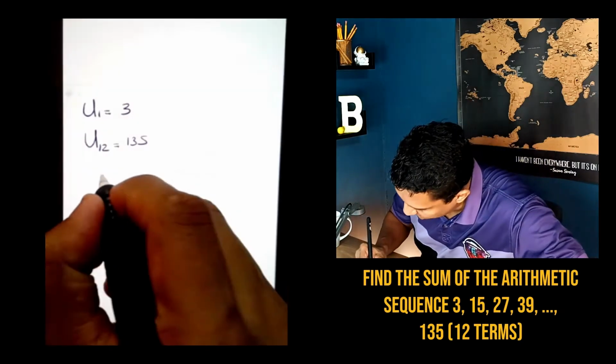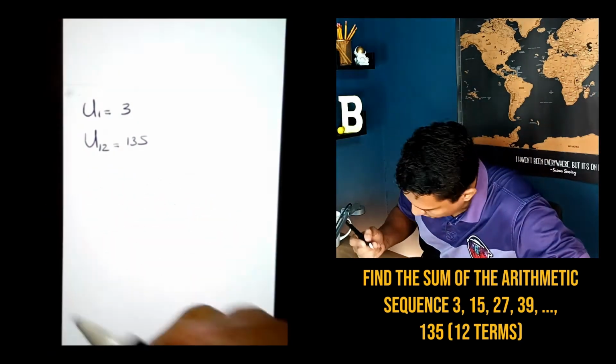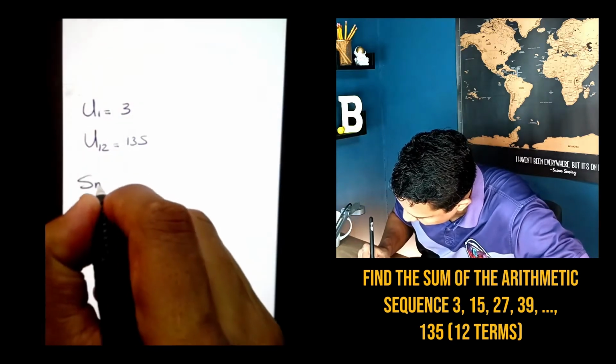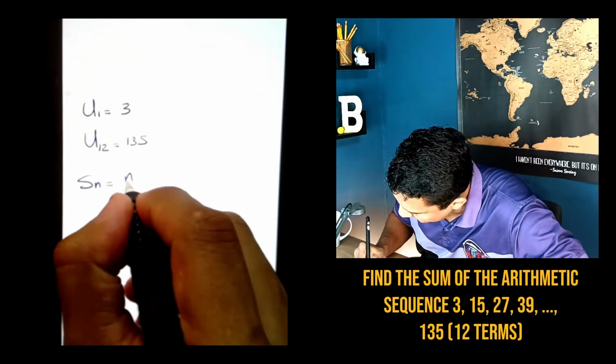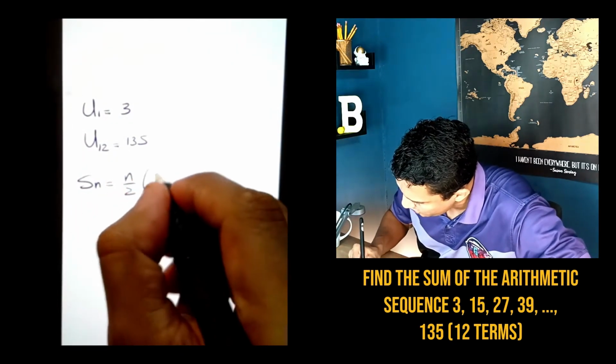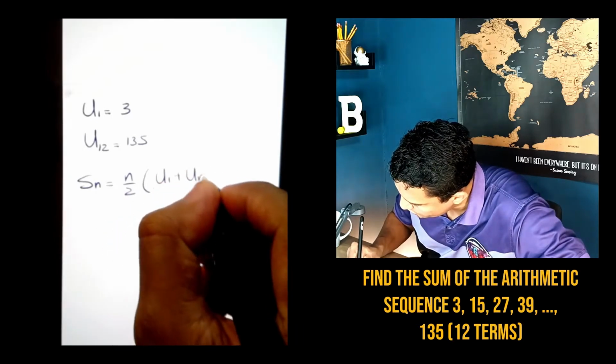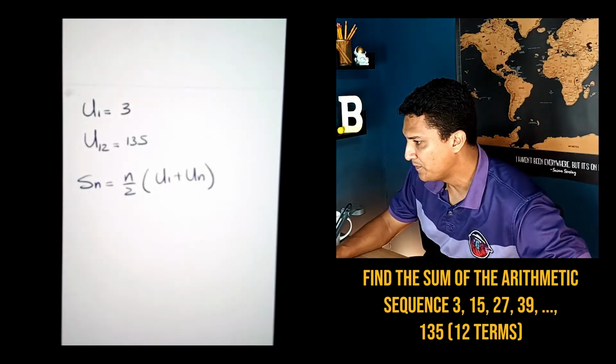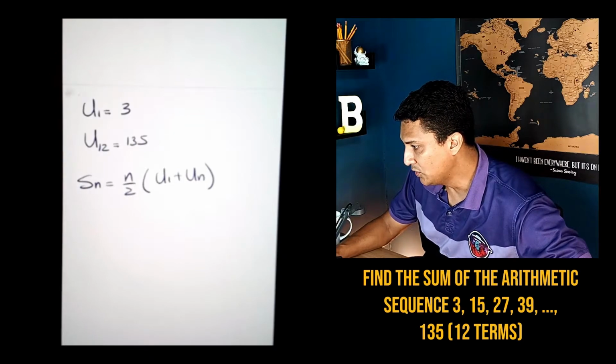Okay, so I'm going to write the formula of the sum, or the formula of series: Sn equals n over 2 times (u1 plus un). You can take a look at the formula. If you do not remember it, it's going to be provided in the formula booklet, so you don't need to actually memorize it.